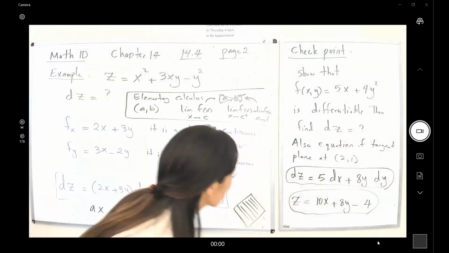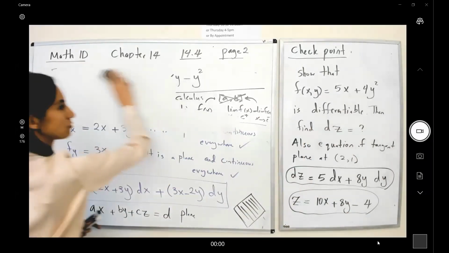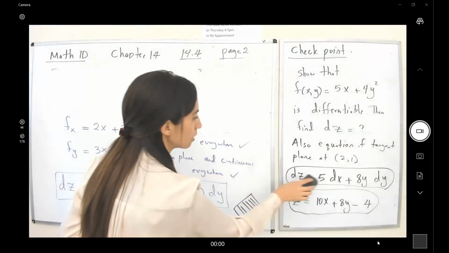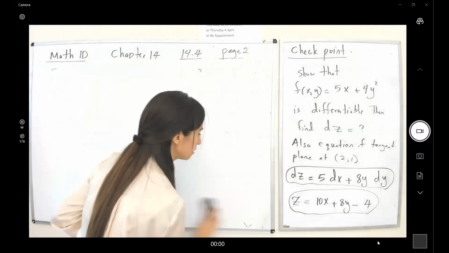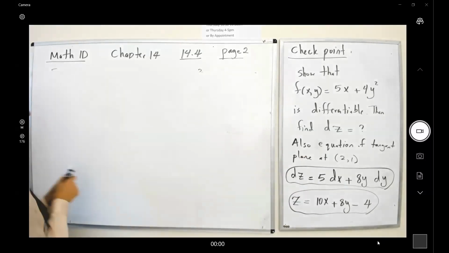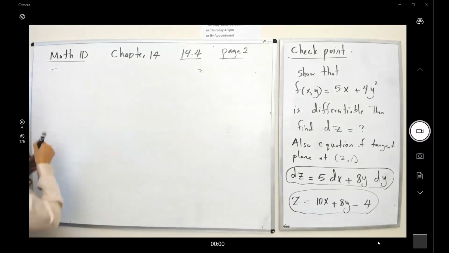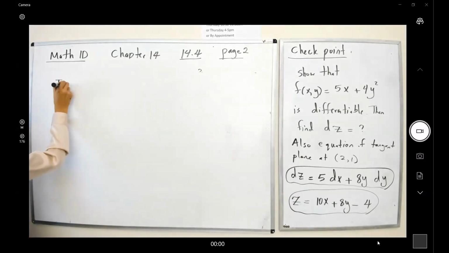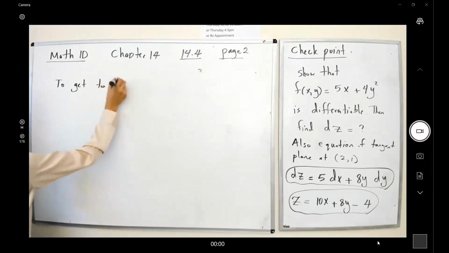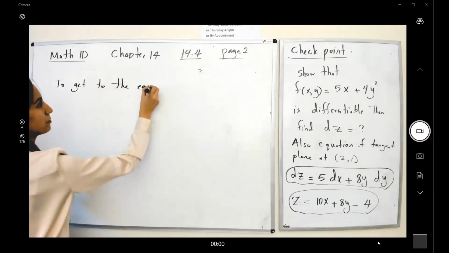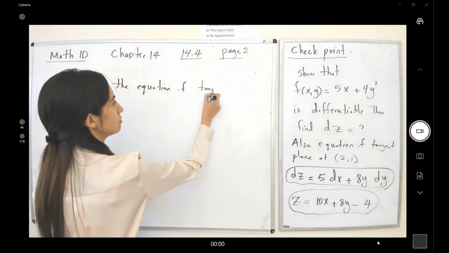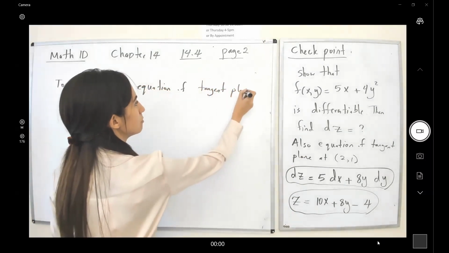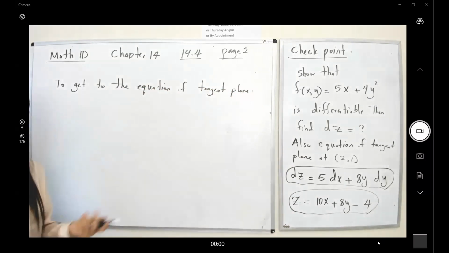Yeah. So let us solve these. You're done with the differentiation. Let us solve how to get the equation of the tangent plane. To get the equation of the tangent plane, we're following the formula that we just learned.